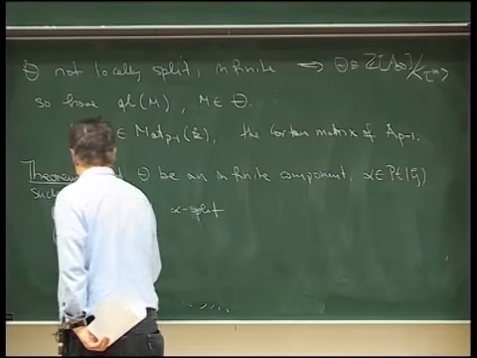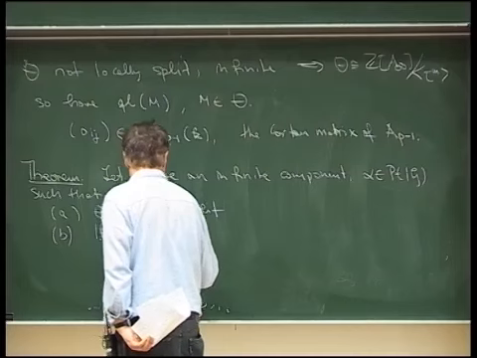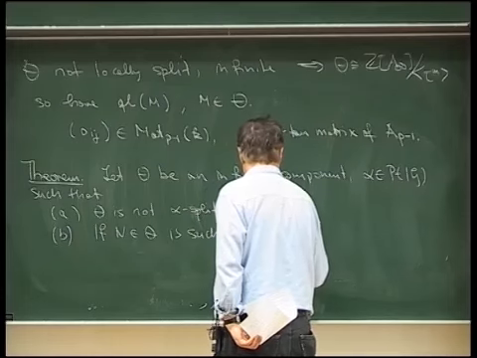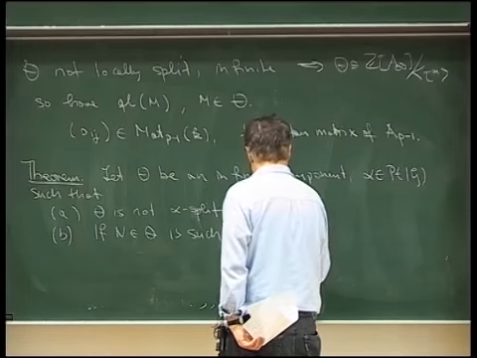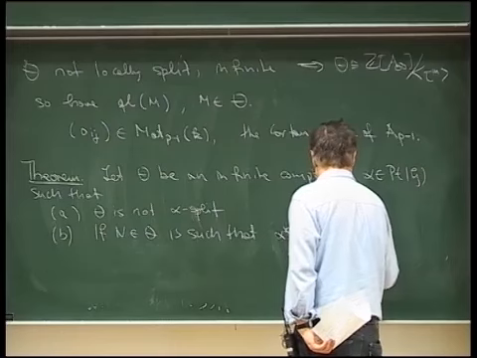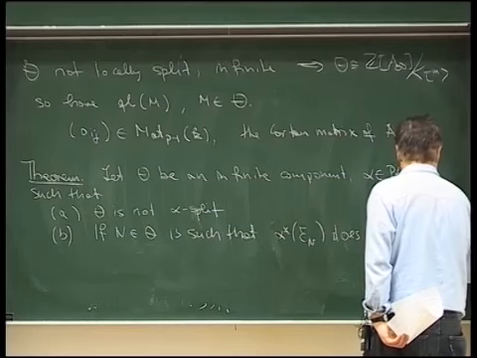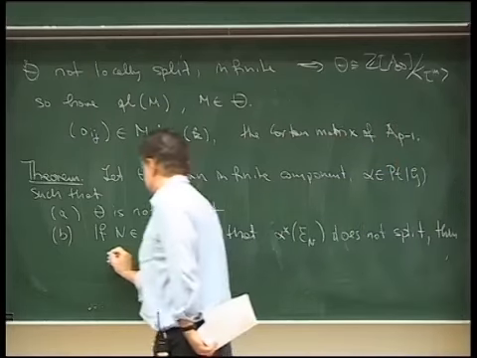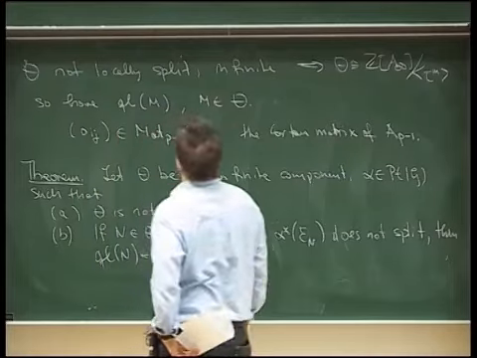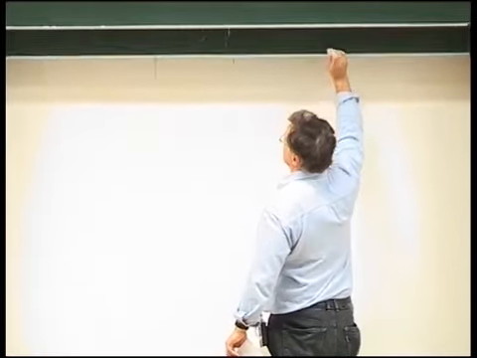And B, if n in theta is such that alpha star of E_n does not split, so things go wrong, then the quasi-length of n is 1. I'll comment on that condition later on.